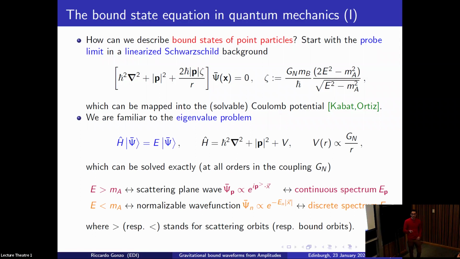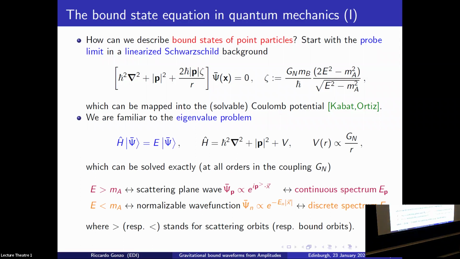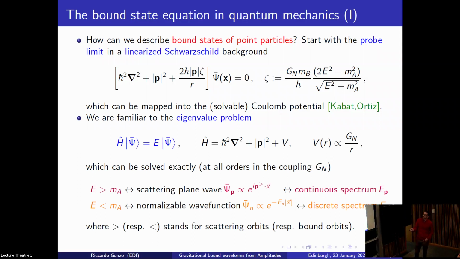So you consider your Hamiltonian for the Coulomb problem, you consider the eigenvalue problem, and you just solve it with standard quantum mechanics techniques. If I solve it above the threshold with scattering plane waves, I find amplitudes, objects you are familiar with, with a continuous spectrum. But I can also solve it below threshold and find normalizable wave functions, something that looks like a Laguerre polynomial, in the quantum mechanics sense.